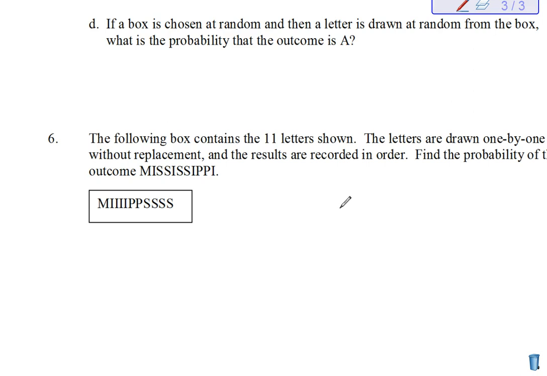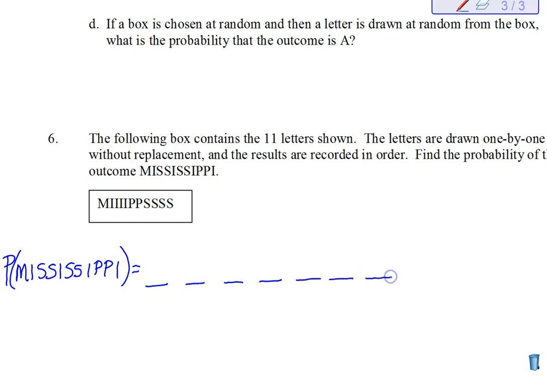And so I'm going to say the probability that I get Mississippi is going to be equal to, so we have 11 letters drawn one by one. So we're going to have 1, 2, 3, 4, 5, 6, 7, 8, 9, 10, 11 different draws.